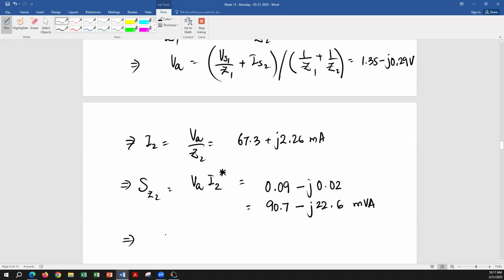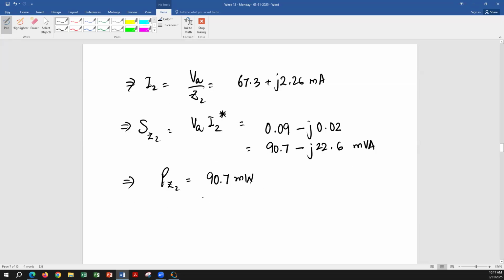Which means that the active power supplied to the resistive part of Z2 is 90.7 milliwatt, and the reactive power associated with that impedance is negative 22.6 millivolt ampere reactive.